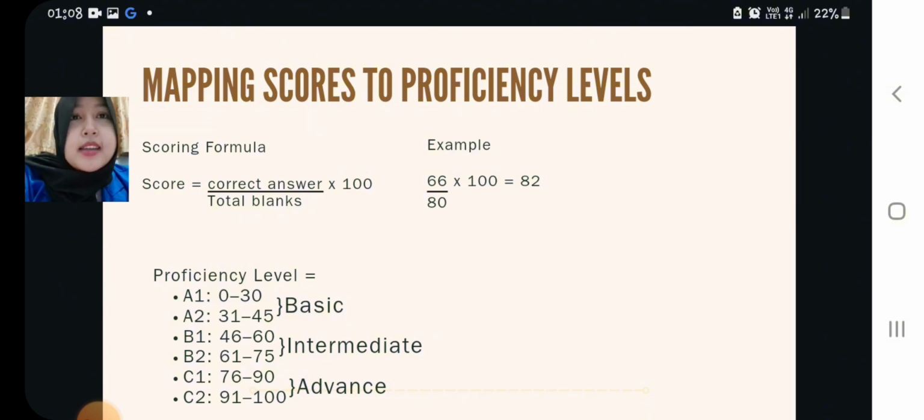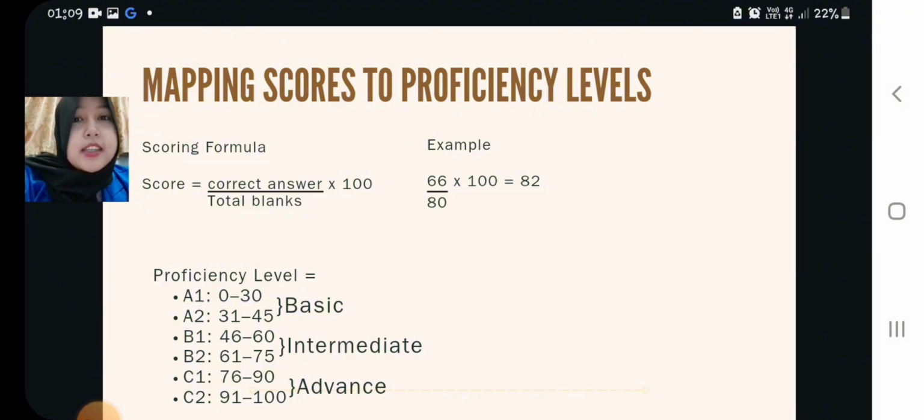It means can participate in conversation on familiar topics, produce connected text, and understand main ideas. And last is advanced. It means can understand complex text or ideas, express ideas fluently, and use language flexibly for professional or academic purposes.